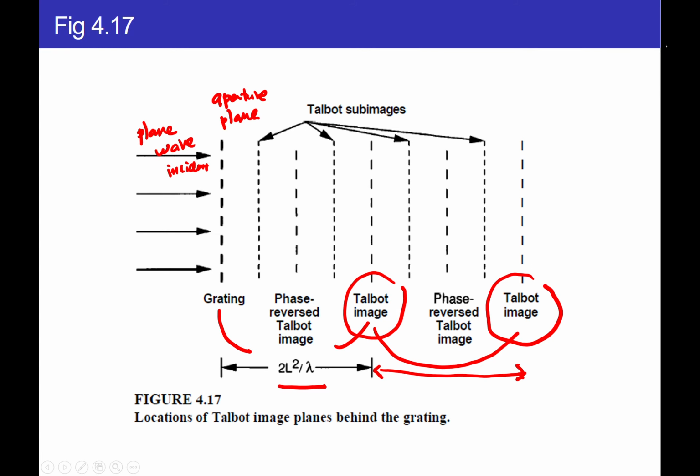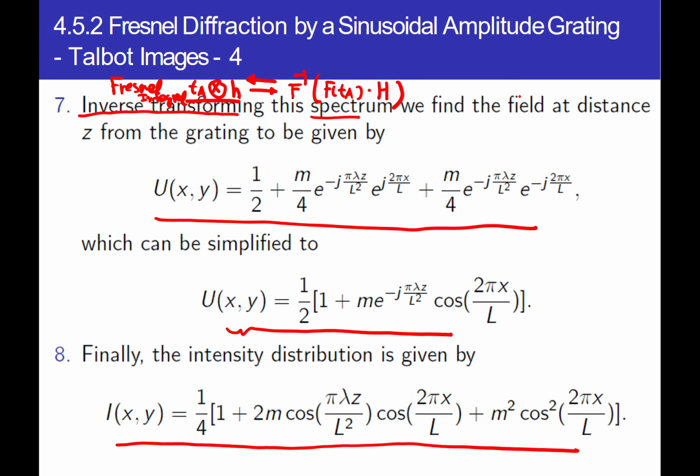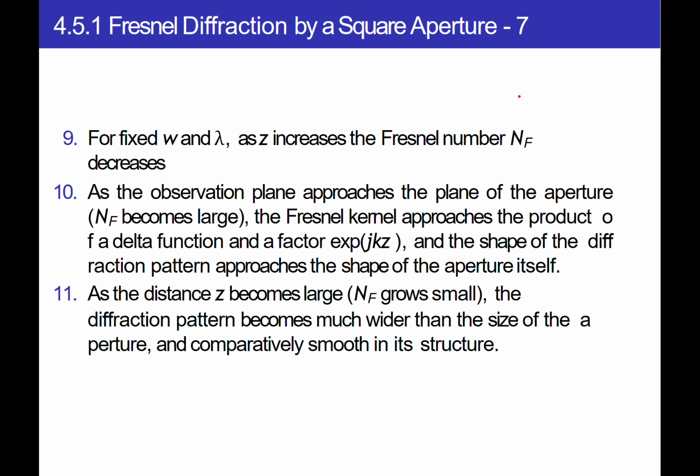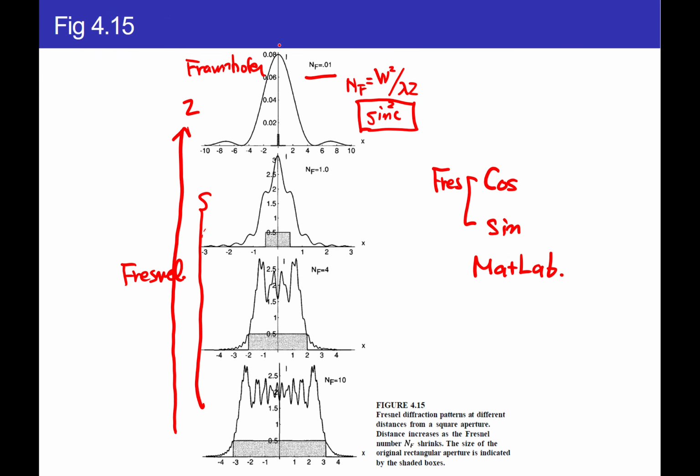So this is the end of this class. What we have done is that we have seen the square aperture, and how it evolves, starting from the Fresnel diffraction to the Fraunhofer diffraction, which is the sinc squared.